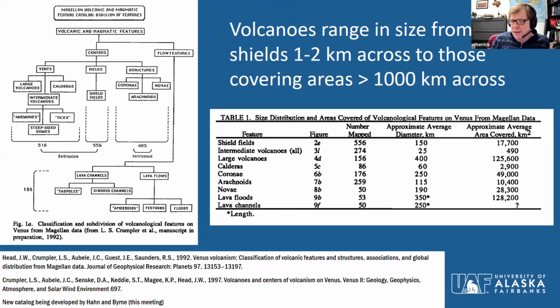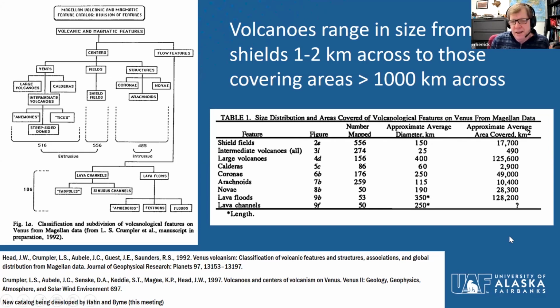So bear that in mind when you're using this catalog, that they had this limitation. For instance, one of the things that means is that some of the volcanic features that have been partially buried by other volcanic features will show up as smaller in the catalog than they probably were when they formed, and things like that.